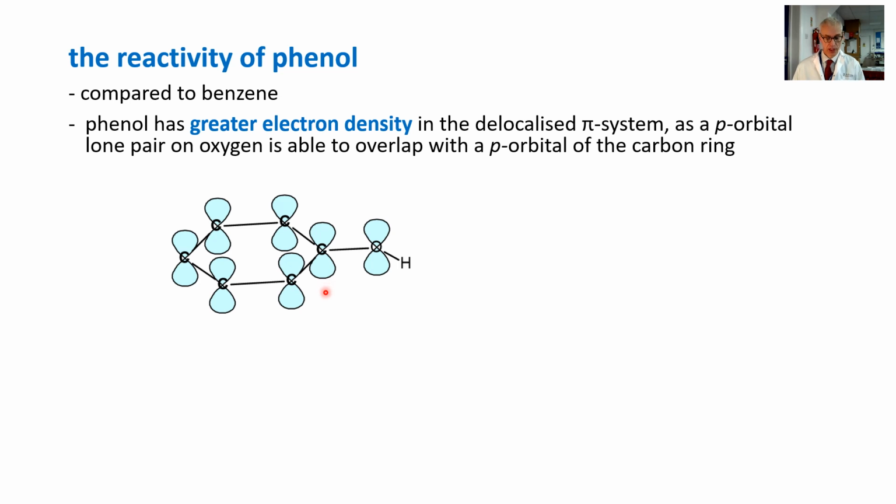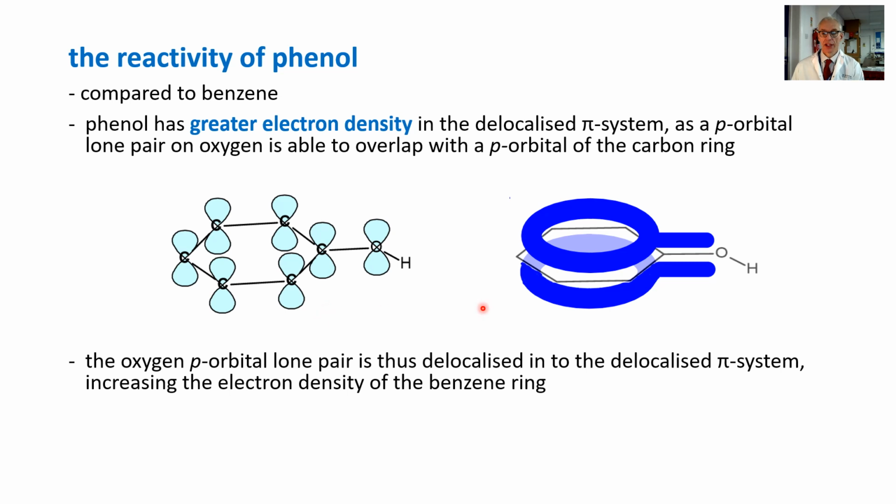So that means that the electron pair in a p orbital on the oxygen atom can be delocalized within the whole pi system of the benzene ring. So the oxygen p orbital lone pair is delocalized into the delocalized pi system. And that, of course, will increase the electron density of the benzene ring.